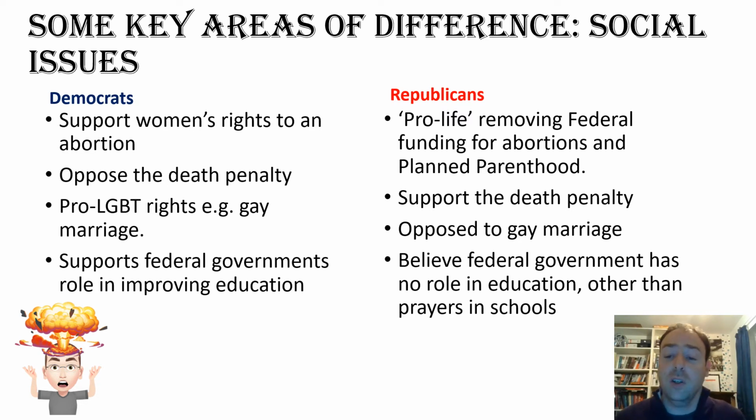So it's not an issue that's often seen in the UK as a big political issue, but it is a massive political issue in America. The bit which can again be quite confusing looking at it from the UK is that the Democrats oppose the death penalty whilst the Republicans support it.